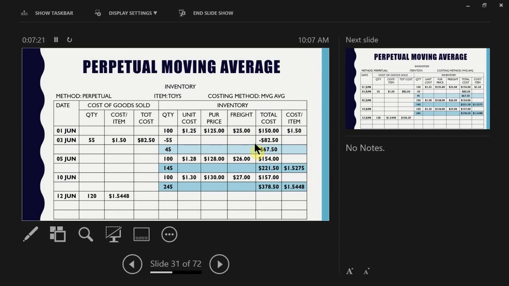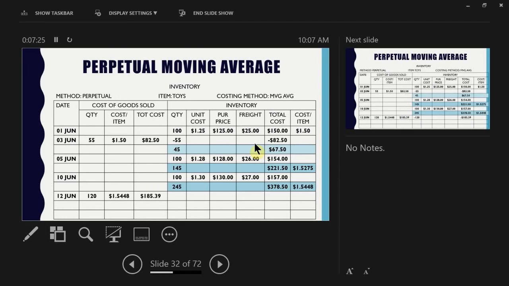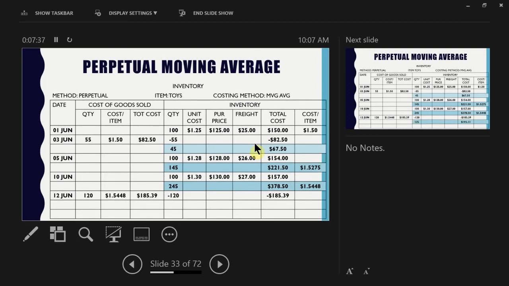So with that being said, I'm going to calculate that, and you have to use your equal round because it's not a rounded number. Okay, so I get $185.39, and I'm going to eliminate it right away to get a new quantity of 125 with a new total cost of 193.11.